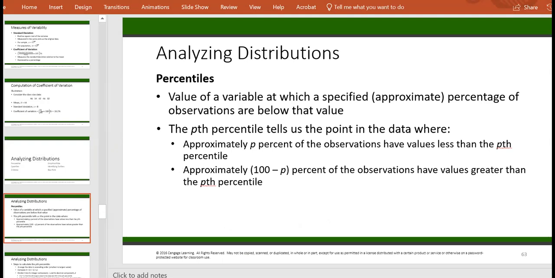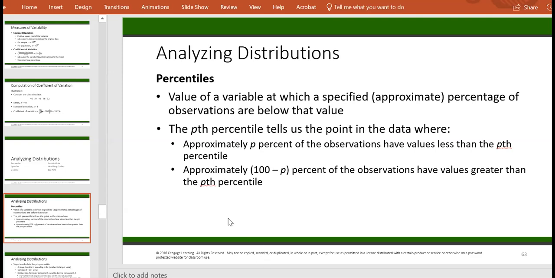The whole range would be 100%, so we can start from 1 all the way to 99. The pth percentile will tell us the value at which p% of the observations are below it, and 100 minus p% are above it, greater than that.